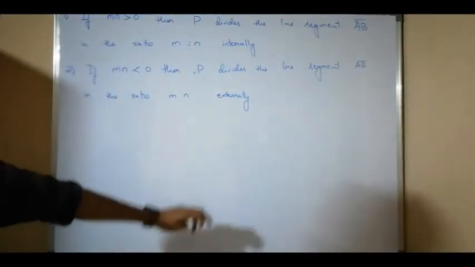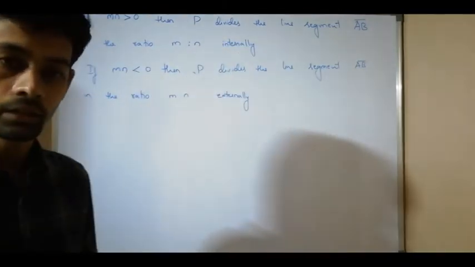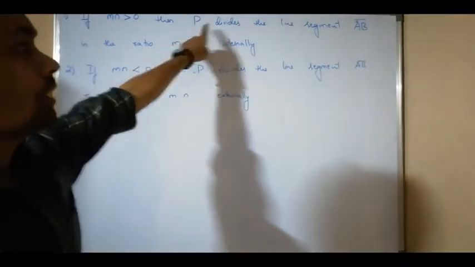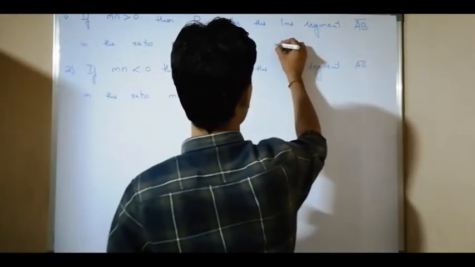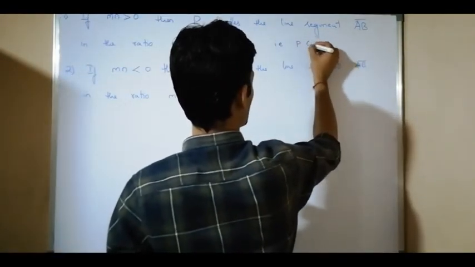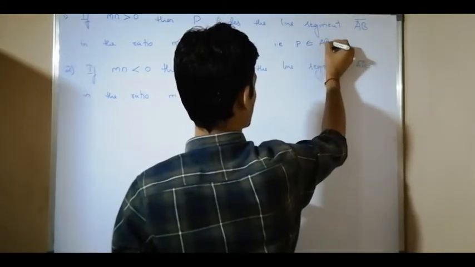Now, if P divides internally, it means P lies on the line segment, that is, P belongs to the line segment AB.